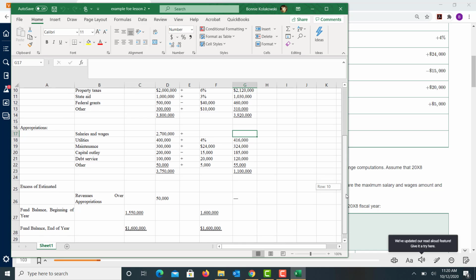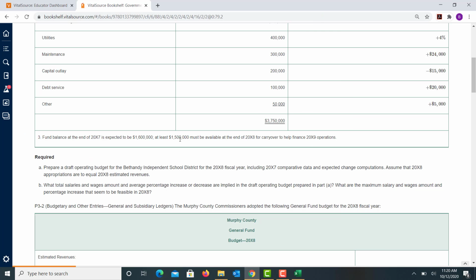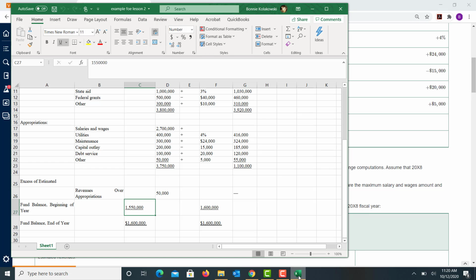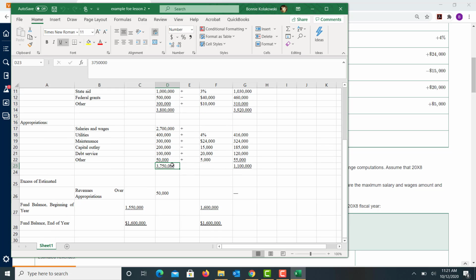So I'll show you on the 2018, the beginning fund balance was the 1.5 million, but your revenues minus your expenses, which is the appropriations, there was a $50,000 difference.